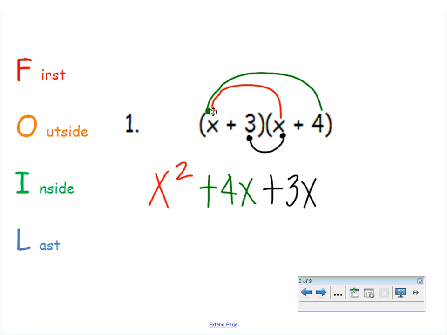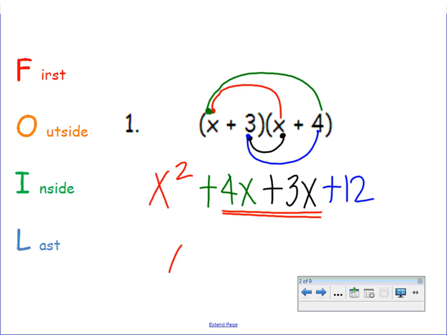And then lastly, I'm going to do the L, which is the last terms. The 3 is the last term in x plus 3, and the 4 is the last term in x plus 4. So 3 times 4 gives me 12. Now I'm almost done. The only other thing I need to do now is what, guys? We need to combine our like terms. See how these two things are like terms?